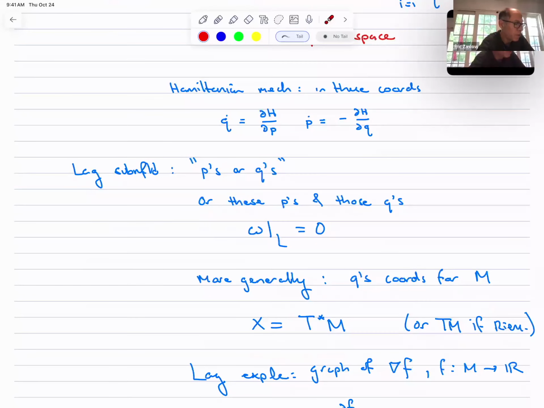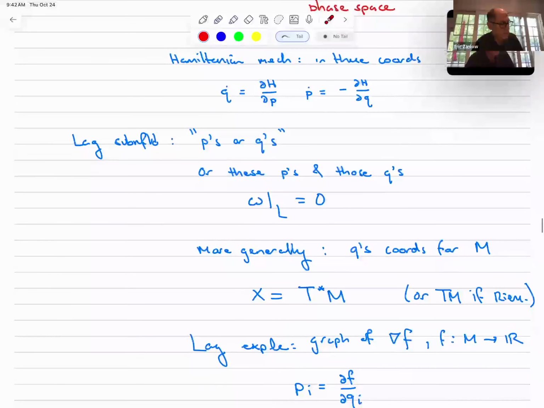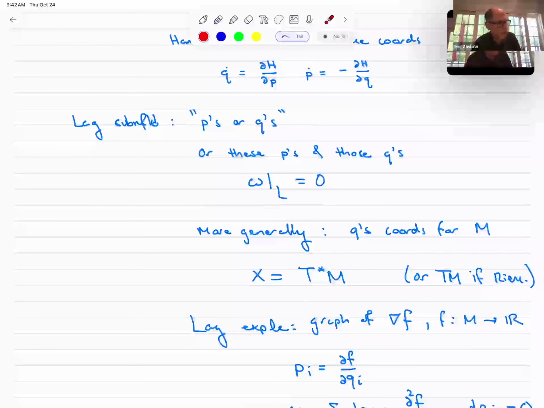A good example of a Lagrangian submanifold that's not so simple is the graph of the gradient of a function, so the graph of a conservative vector field. What do I mean by graph? Take a function f on M, and take the ith momentum to be the derivative in the ith direction.